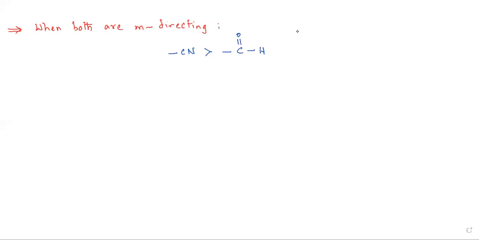Now, the strong one is cyano. The strong one decides the fate of the third substituent. Right? Again, three different cases. Hope you can imagine.